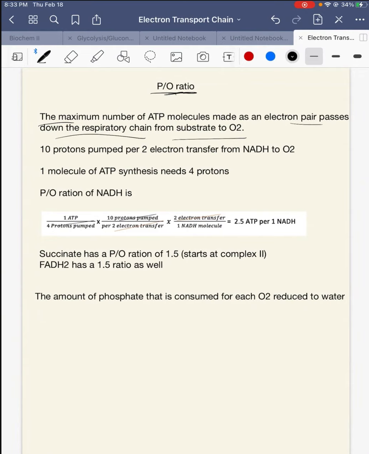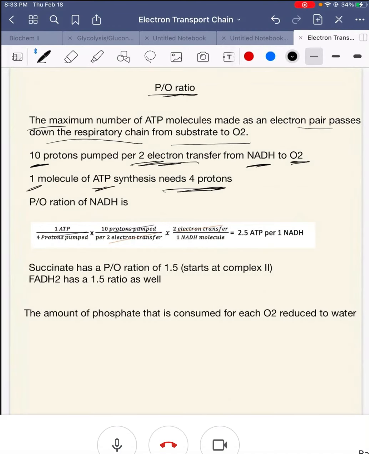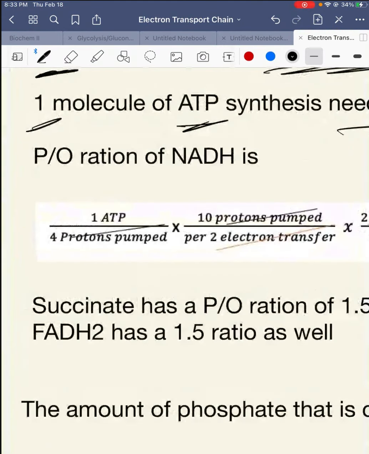So let's look at NADH, for example. When NADH goes in, it pumps around 10 protons, and it transfers 2 electrons from NADH to oxygen. And 1 molecule of ATP synthesis requires 4 protons. When we go over ATP synthase in a bit, you'll see why it requires 4 protons. So from this, we can calculate the PO ratio. We have 1 ATP per 4 protons pumped.